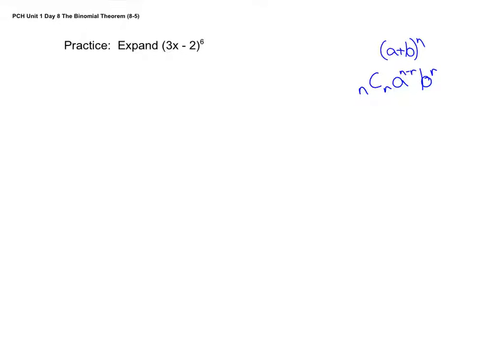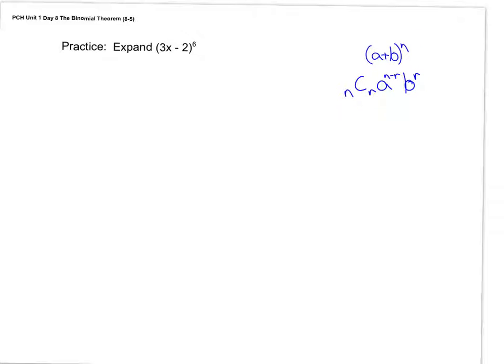On this example you'll notice that instead of just an x and a y, we actually have a 3x and a minus 2. So you could think of this as 3x plus a negative 2.